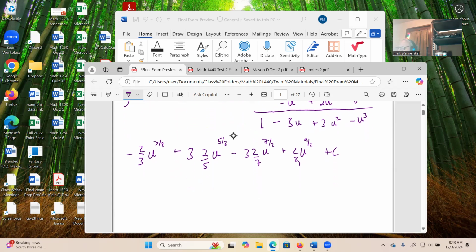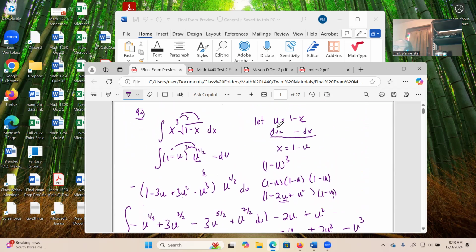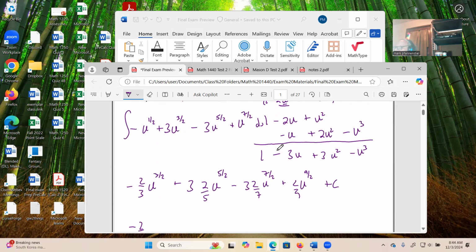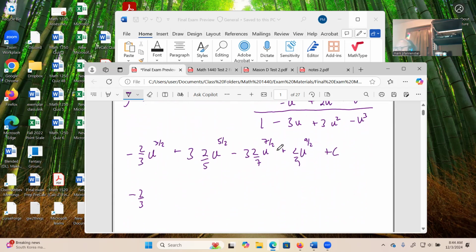We'll just make this pretty now. We have negative 2/3. What was u? U going back was 1 minus x, wasn't it? So we have 2/3, 1 minus x to the 3/2, plus 2 times 3 is going to be 6/2, 1 minus x to the 5/2, minus 3 times 2.